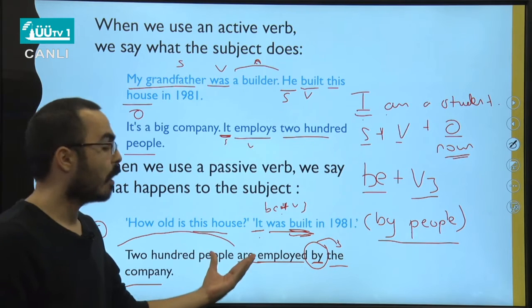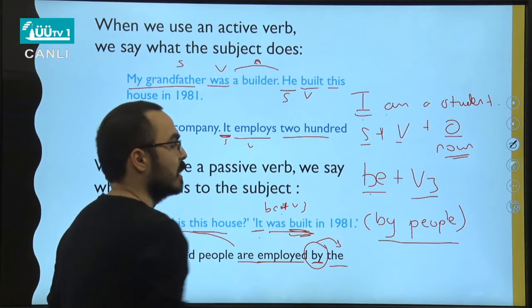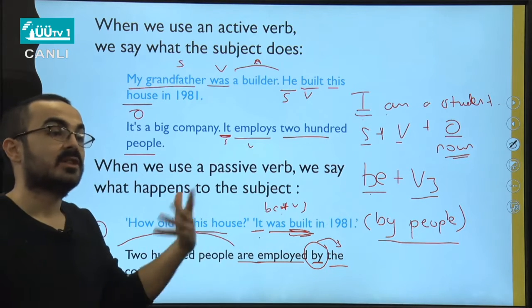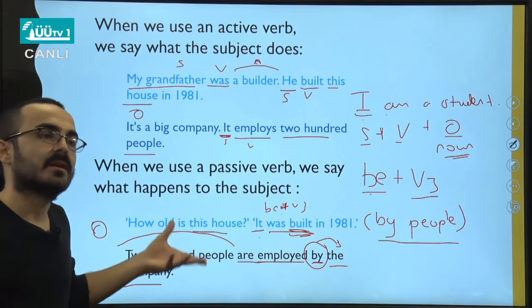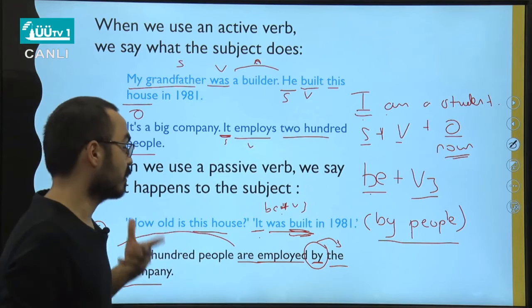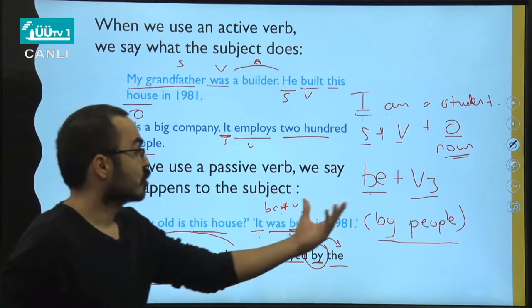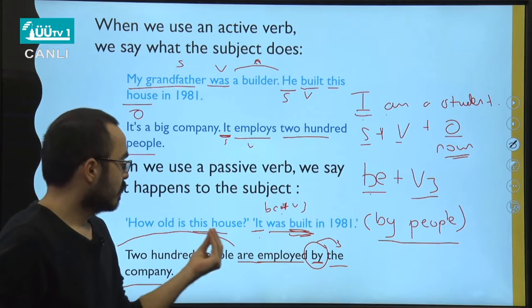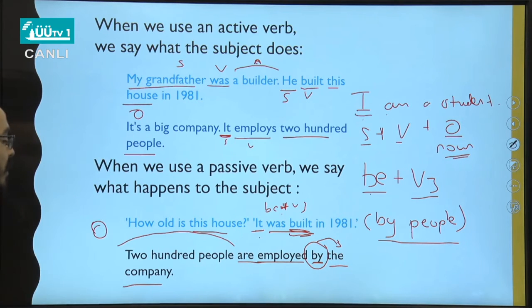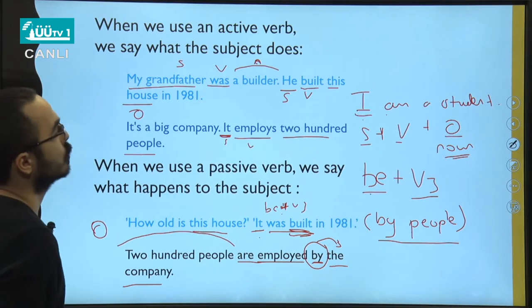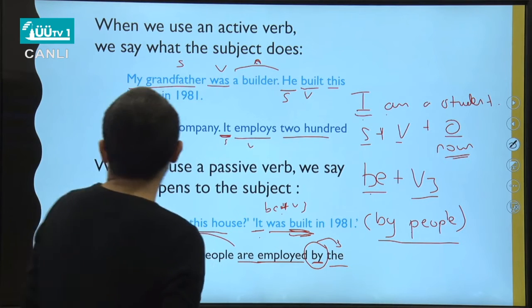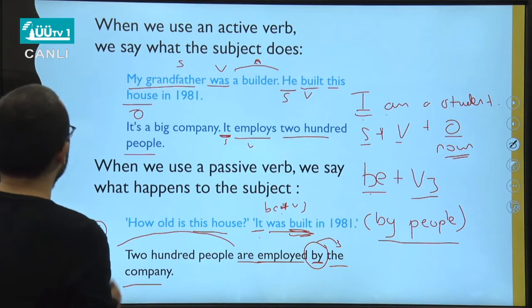So they are, right? So this be changes with each object or subject here, okay? So they are employed by the company, we say. Good. Let's move on from here. Let's go.